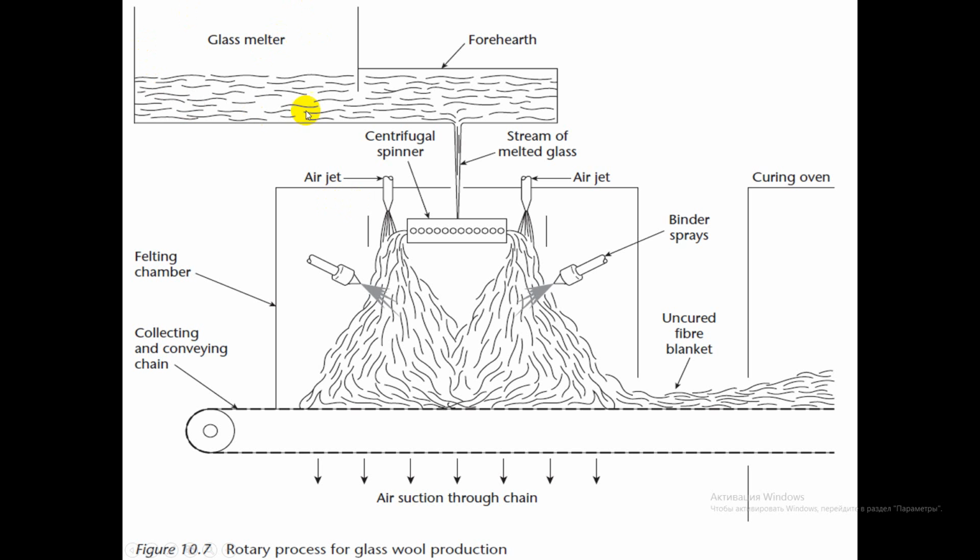So this is a glass melter and these are the hearths, through which a stream of melted glass goes to the centrifugal spinner, with air jets on the left and on the right, and a binder spray in the felting chamber, and then the fiber blanket goes to the curing oven.